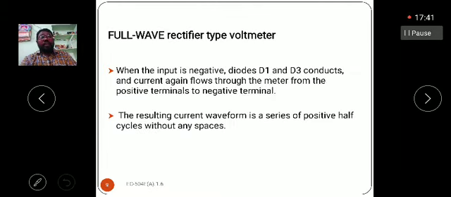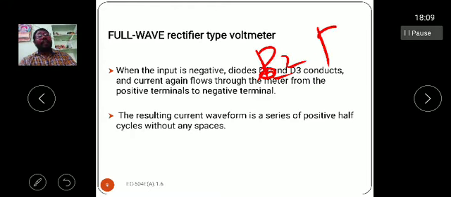When the input is negative, the diodes D2 and D3 conduct, and the current again flows through the meter from the positive terminal to the negative terminal.